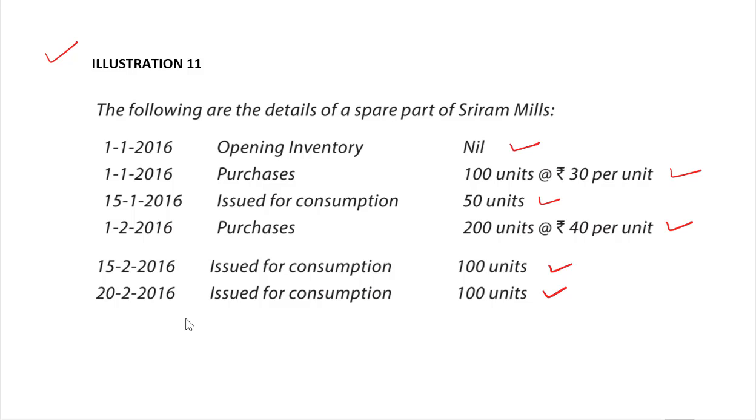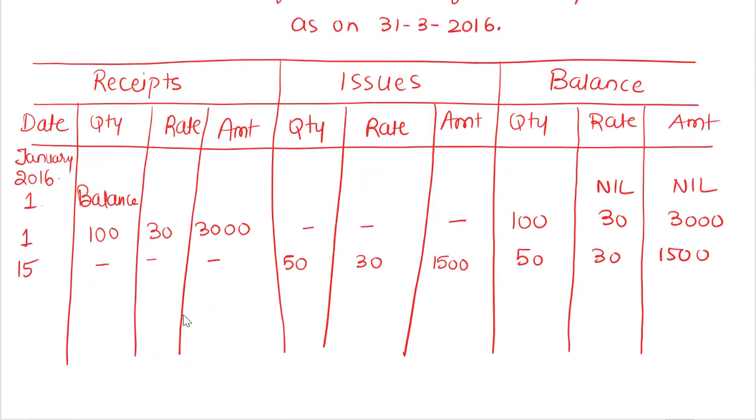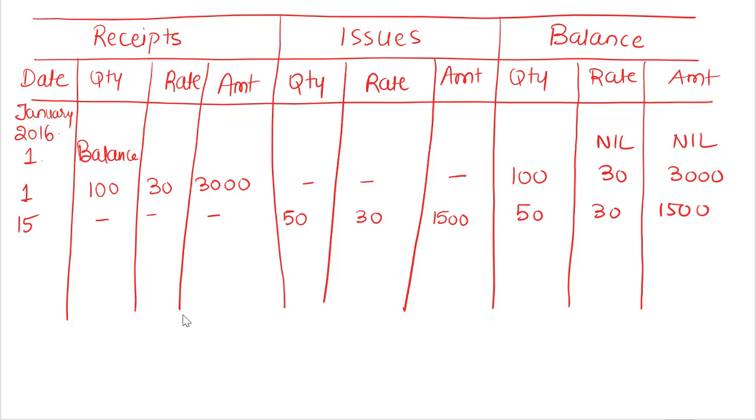1st February there is a purchase of 200 units at 40 rupees per unit, 8,000. The quantity would be nothing over here in issues. So purchases, we need to add. We already have 50, now this 200, 50 plus 200.